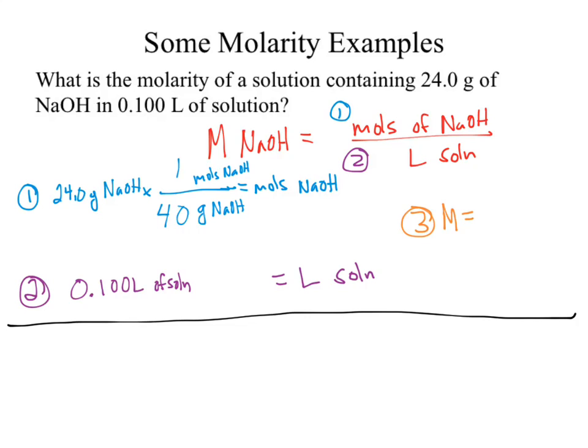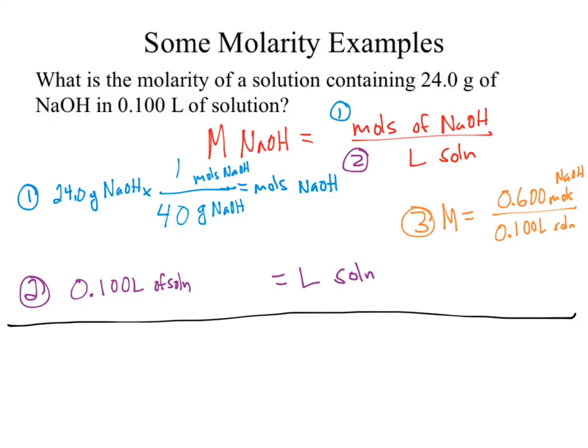To solve for the molarity, it's the moles of NaOH, which if you punch that into your calculator, in theory comes out as 0.600, if we're going to be picky, moles of NaOH divided by, what's our liters of solution? 0.100 liters of our solution.